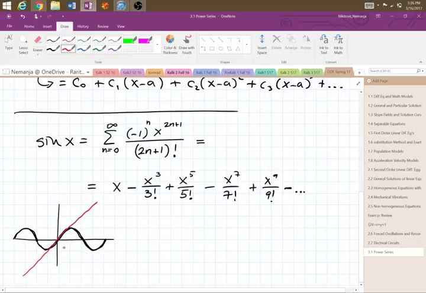Now, we see that there is a good amount of agreement between the y values of sine x and x in this area here. Now, we know that this one over here is pi over 2. So for small angles up to, I don't know, 15, 20 degrees, they are in pretty good agreement with each other, and we can replace that with this.